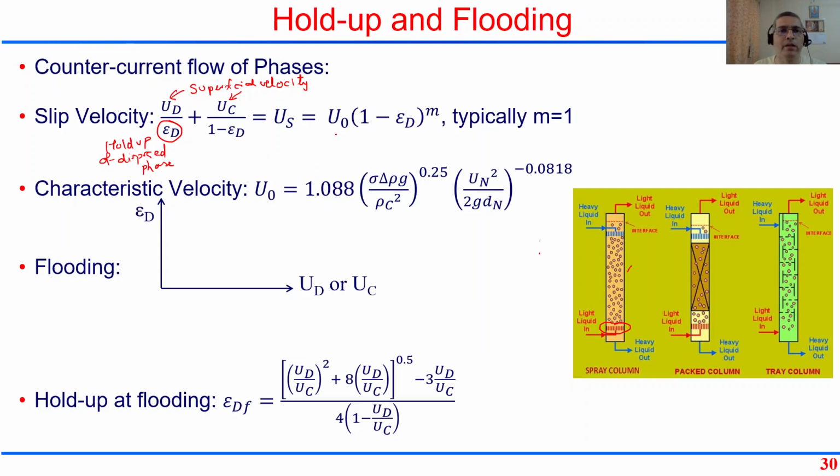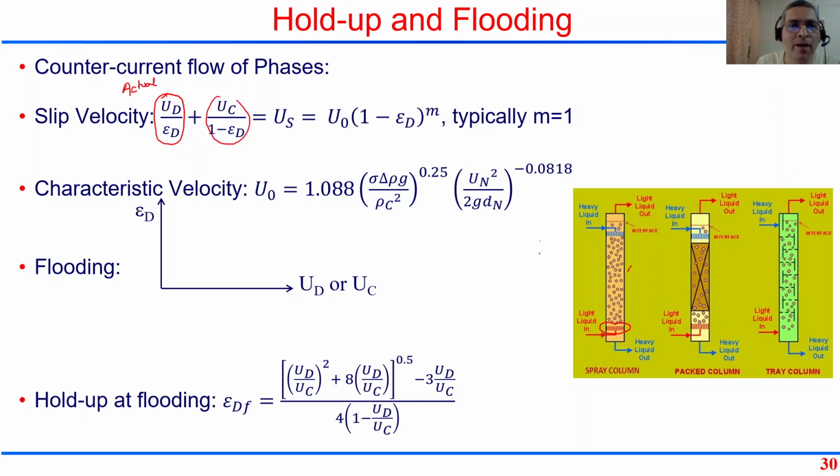Okay. Now, if the phases are going countercurrent to each other, that's what we want when we are doing extraction. We want countercurrent flow of the phases. So UD divided by epsilon D would be the actual velocity of the dispersed phase.